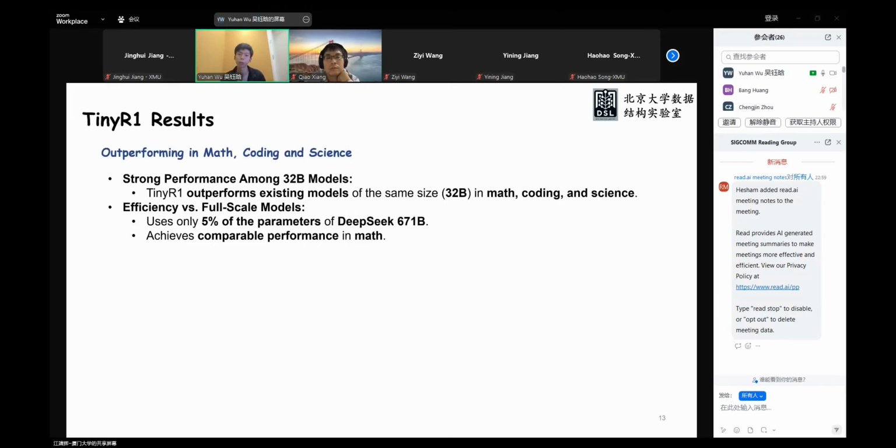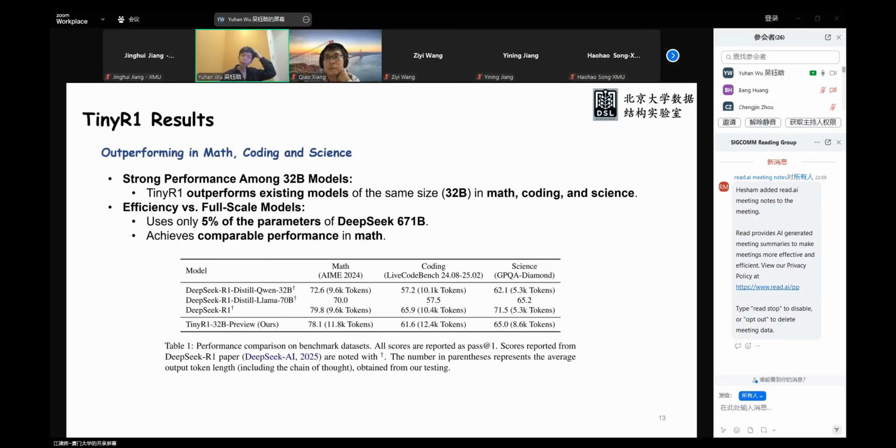Compared to other 32 billion size models, TinyR1 surpasses existing models in math, coding, and science. What's remarkable is that despite using only 5% of the parameters of DeepSeek R1, TinyR1 achieves comparable performance in math, demonstrating its efficiency.